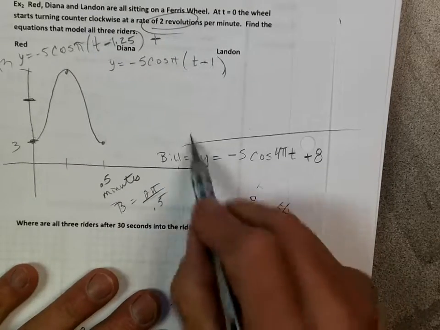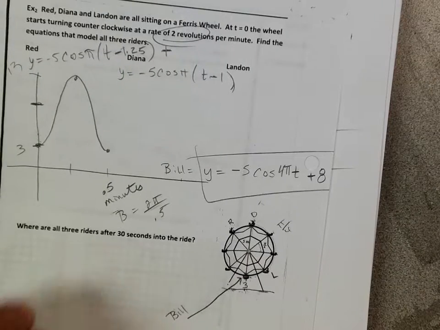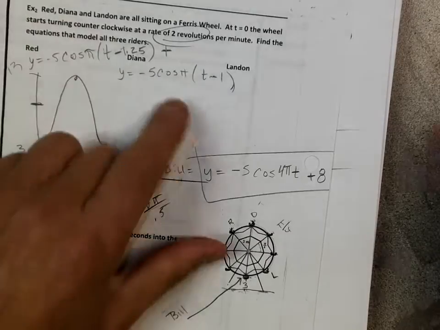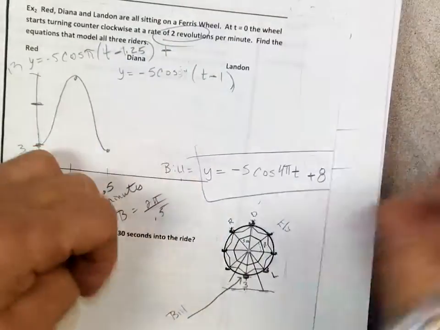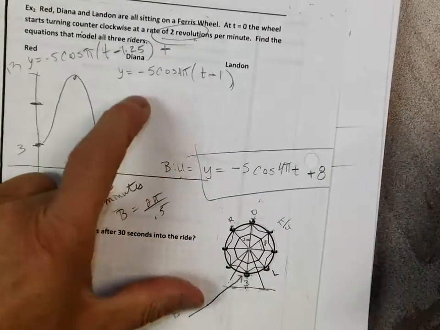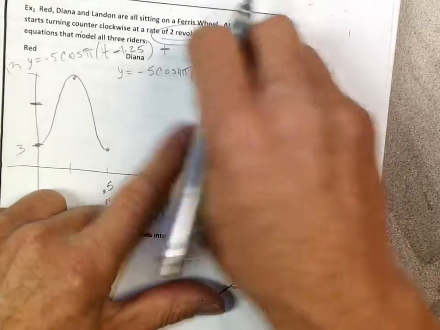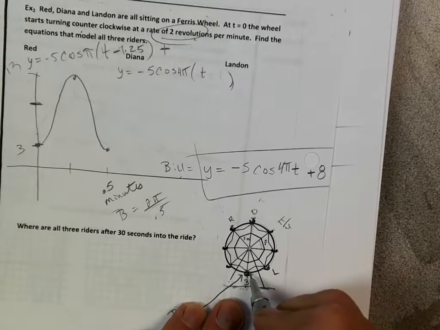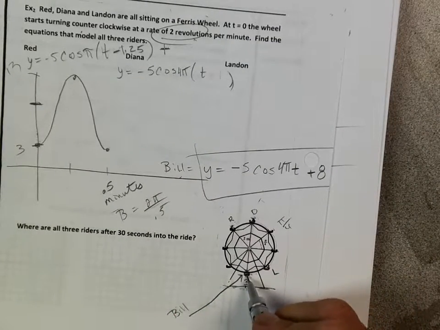Okay, there's Bill. Sorry, guys. We'll get this fixed. No big deal. All right, so let's go back to... Let's fix Diana's first. Diana's going to have a 4 pi here. And then let's think about time. So if it's 30 seconds all the way around, right?